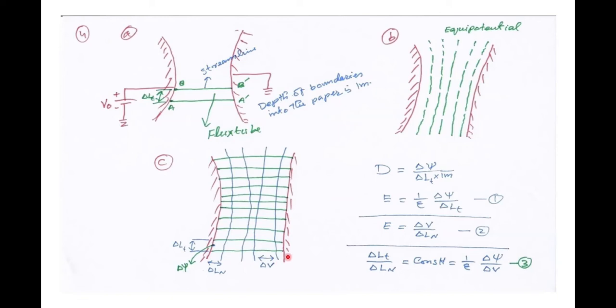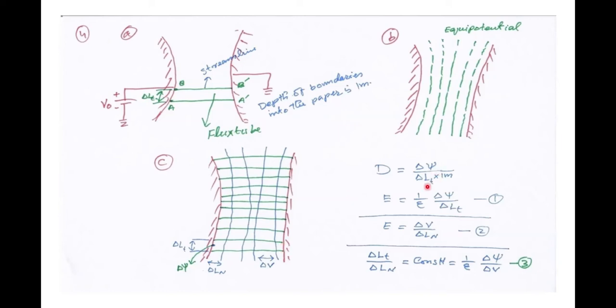So let us develop the mathematical formulas. D in this case is equal to delta psi, where delta psi represents the amount of electric flux originated from this face of the flux tube and terminated on the same flux tube on the left side.